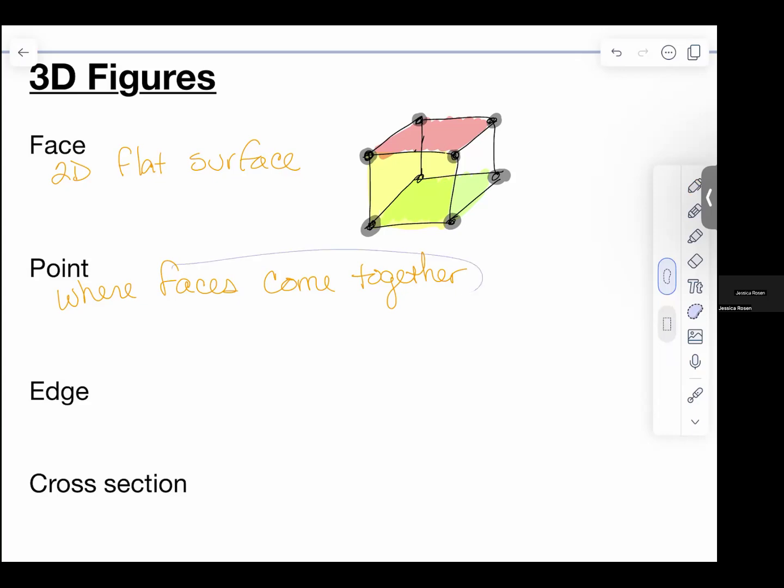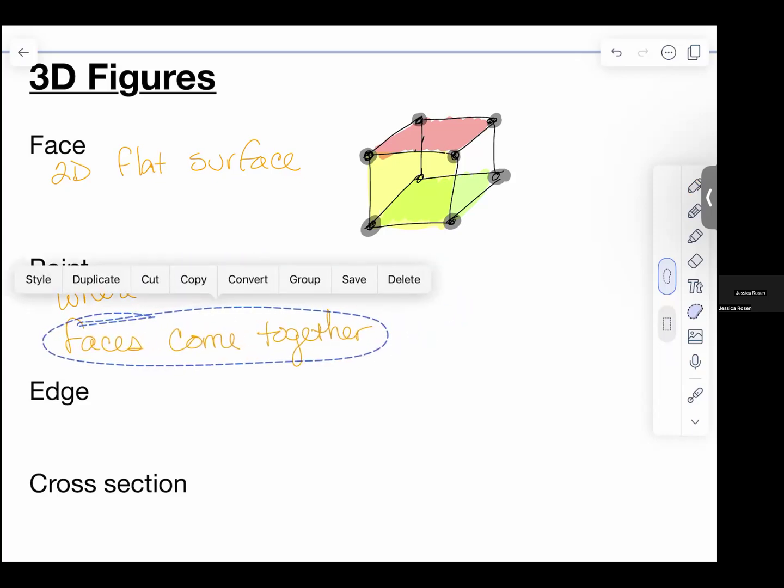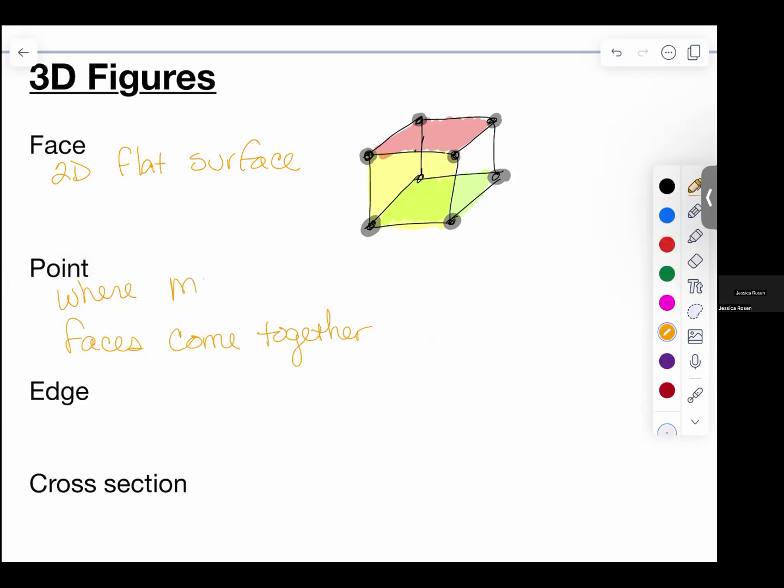Let me fix that definition. Where more than two faces. So where all the faces come together. So again, right here, I would have the lime green, the yellow, and then this piece over here coming together. So where there's more than two faces.